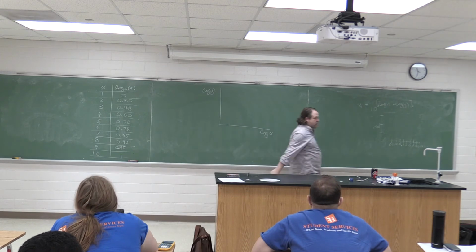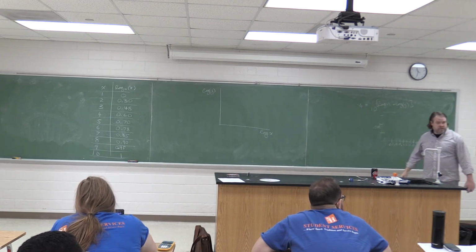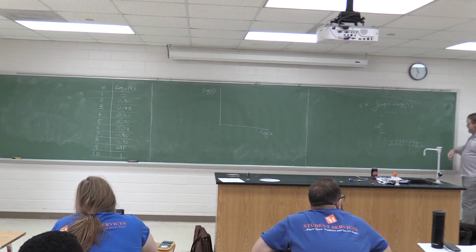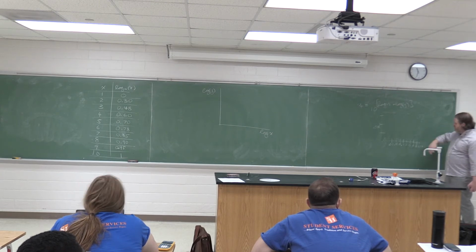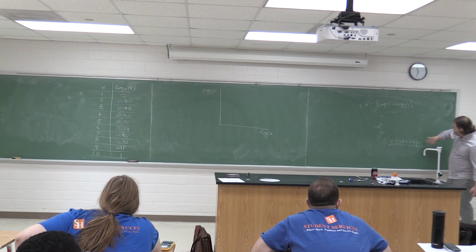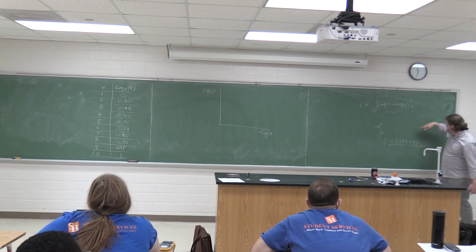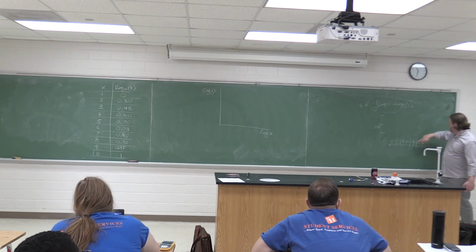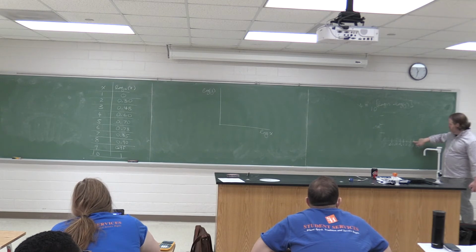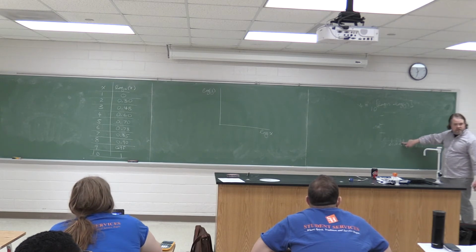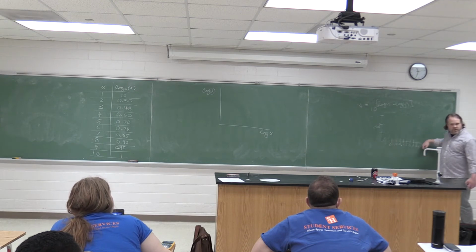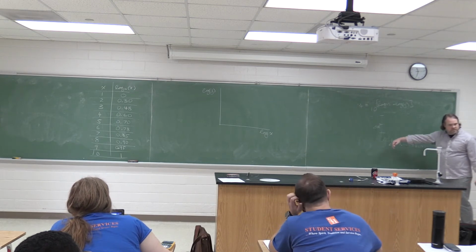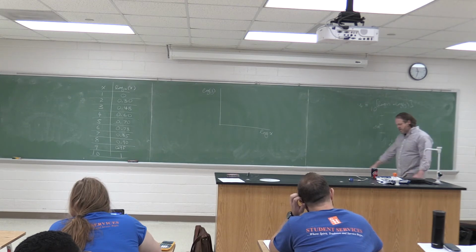Again, that's basically what we've done here, right? In other words, log 10 of 10 is 1. Log 10 of 1 is 0. Log 10 of 0.1 is negative 1. Log 10 of 0.01 is negative 2. So we've turned our linear space into a log space.